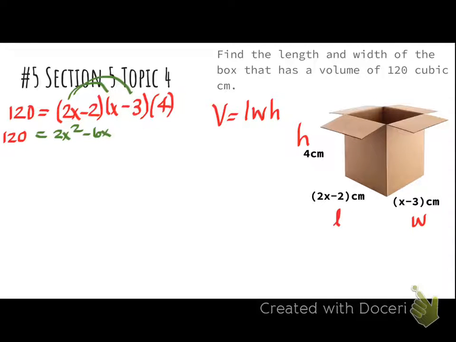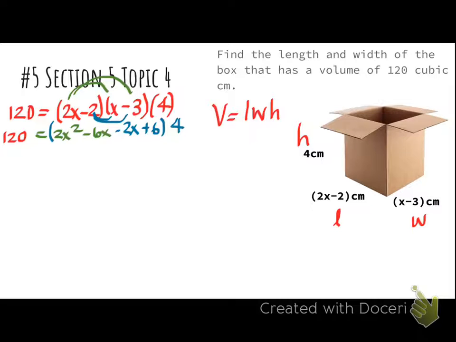Now we're going to focus on multiplying negative 2 times everything in the other parentheses. So negative 2 times x, which is negative 2x. And then we have negative 2 times negative 3, which is positive 6. Alright, and then we're still going to multiply all of that times 4.